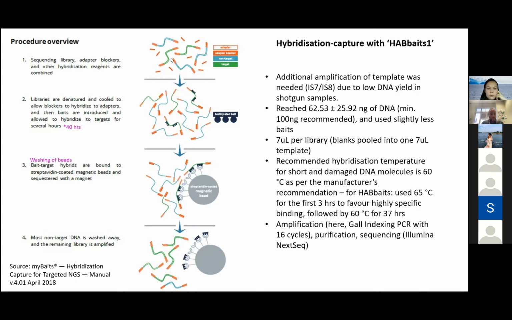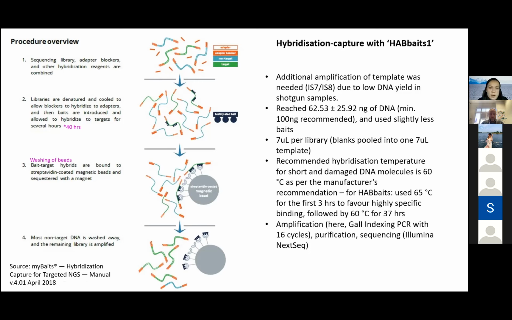So I pretty much followed the manual's instructions here, but we've done some modifications which I thought might be useful to point out. So normally what is recommended as input template DNA is about 100 nanograms of DNA. We did not reach that with our samples.